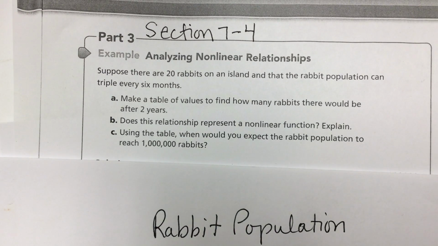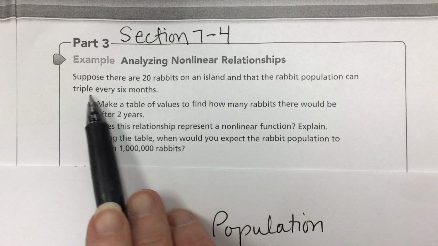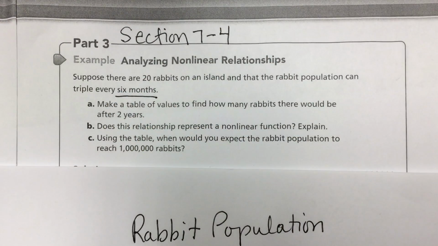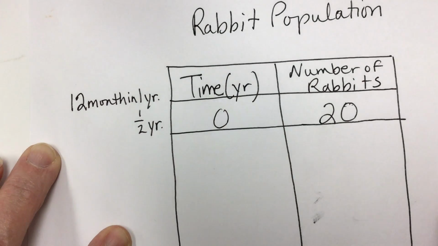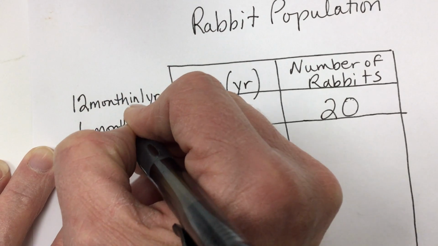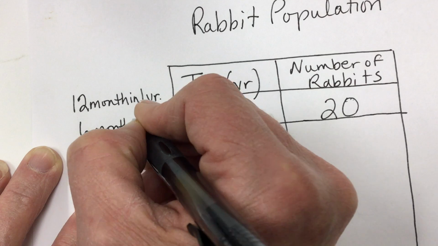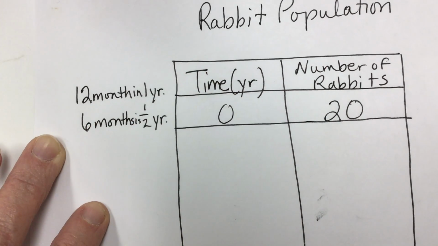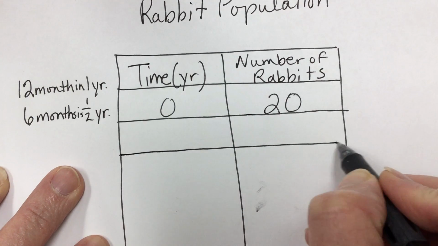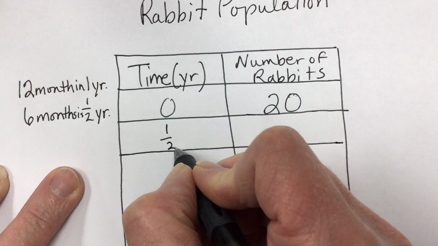Our problem told us that the population tripled every 6 months. Well, what is 6 months? 6 months is half a year. So I'm going to write a half a year.